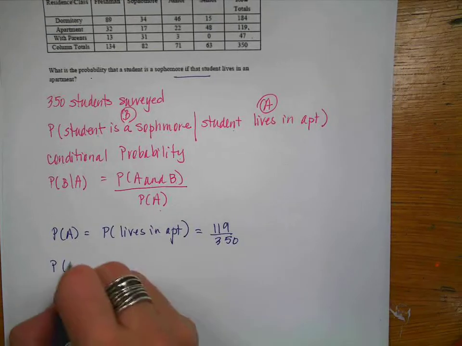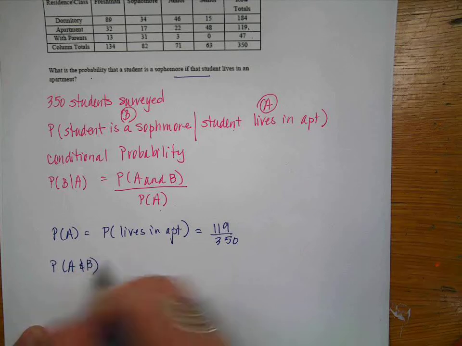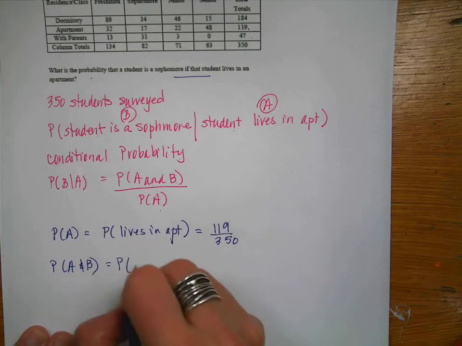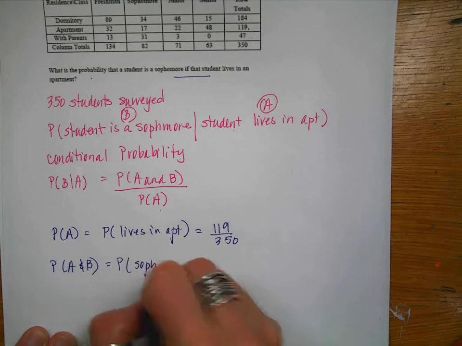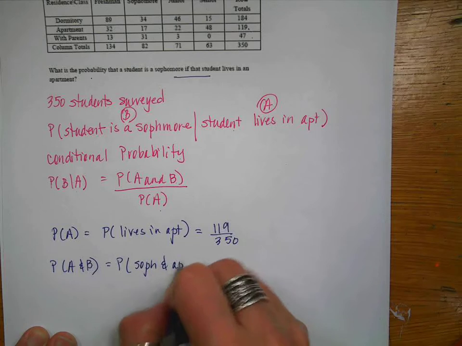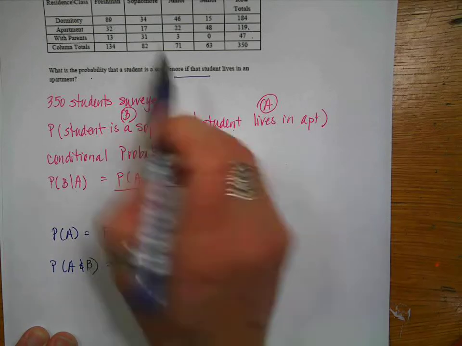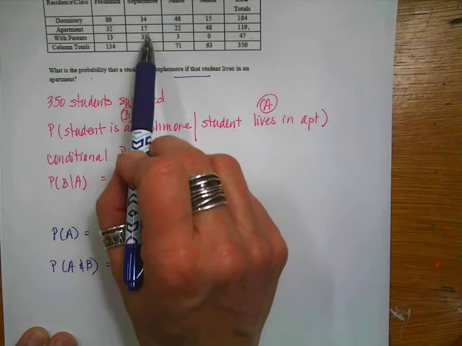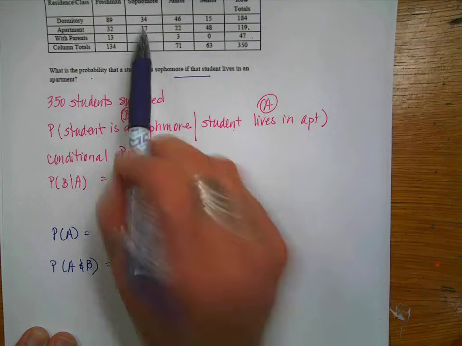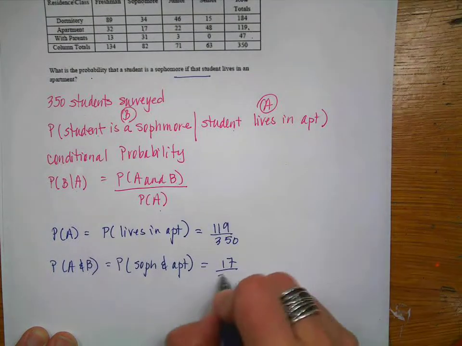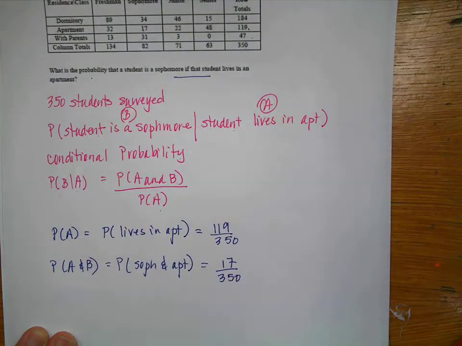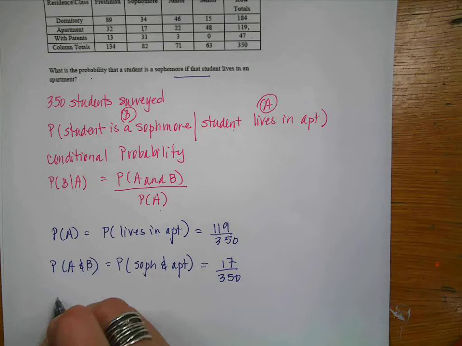Then we want the probability of A and B, which is the probability of being a sophomore and living in an apartment. If we look at our list, sophomores that live in an apartment are 17 out of 350.